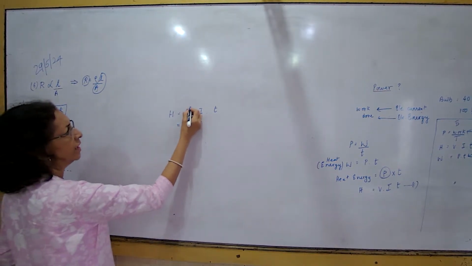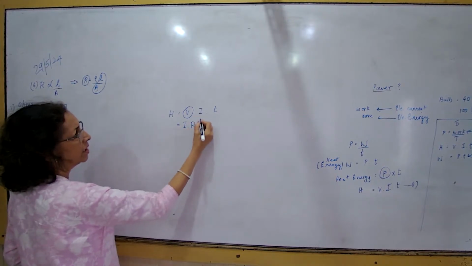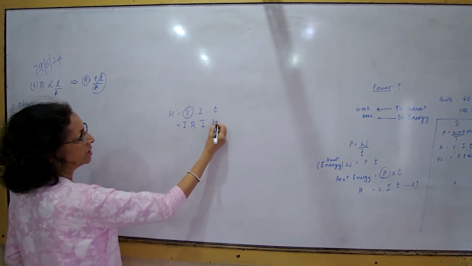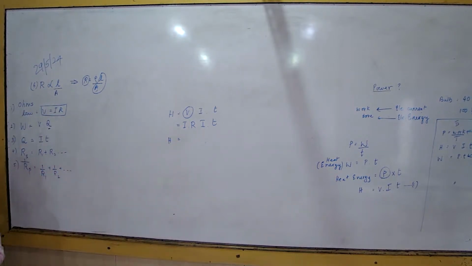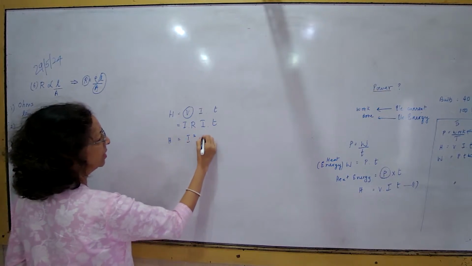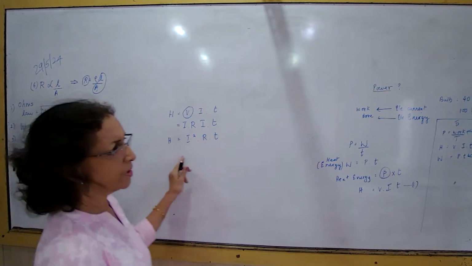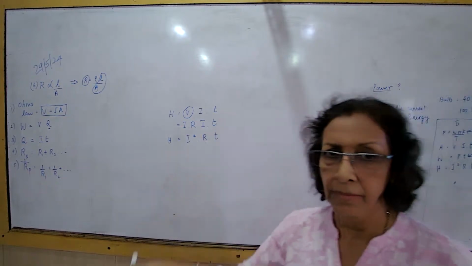So instead of V, I can use I into R, times I times T, which gives H is equal to I square RT. So that is another equation which I can use. H can also be written as I square R into T. Take down this.